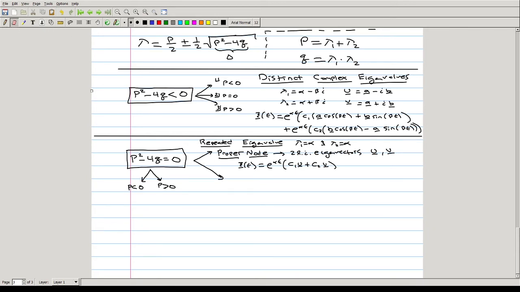In the event that we only have one eigenvector, the solution is called an improper node.